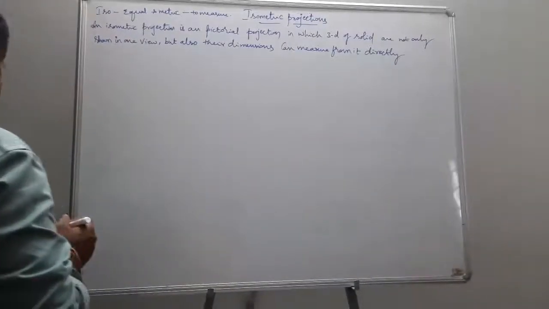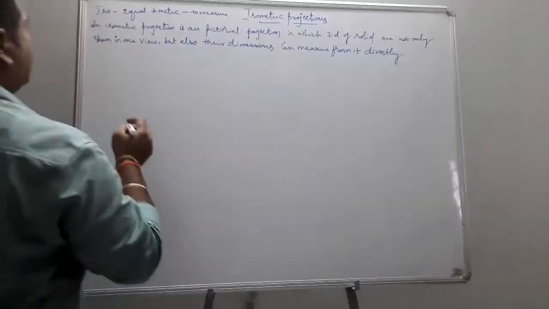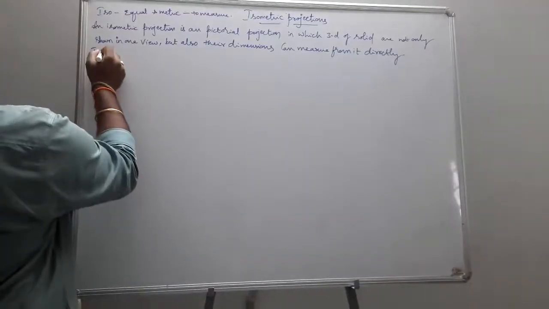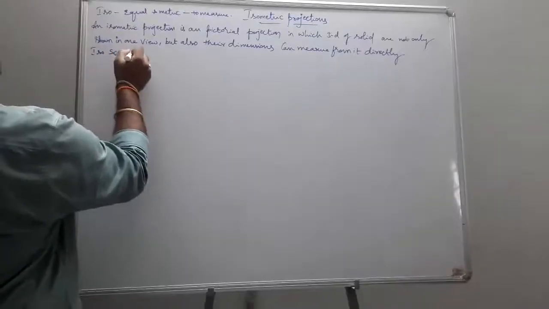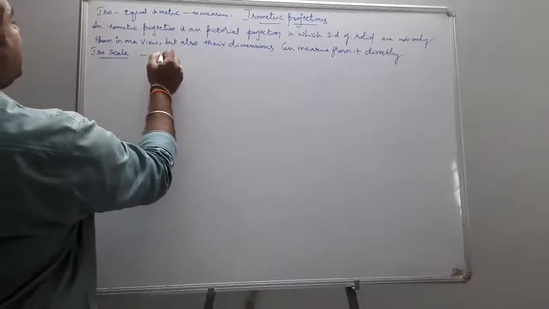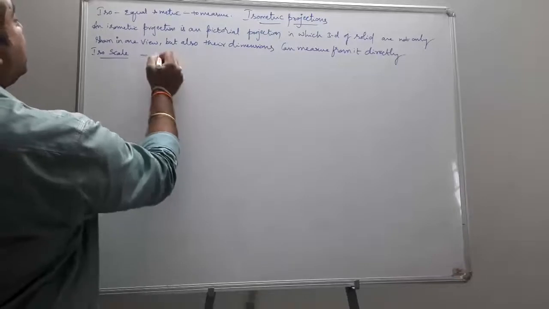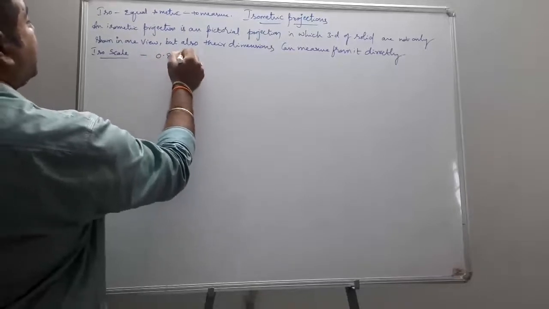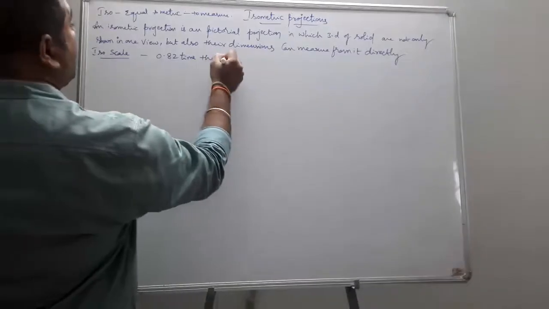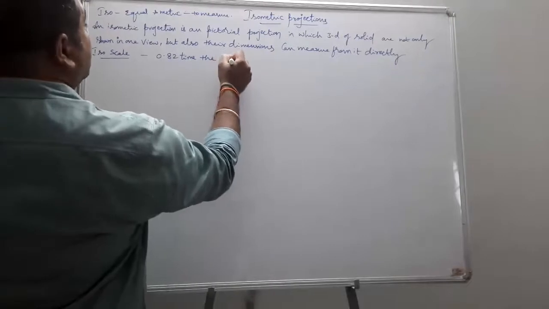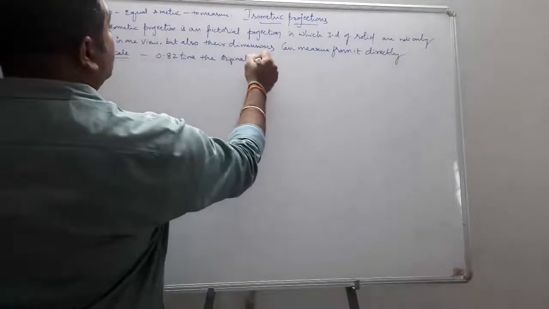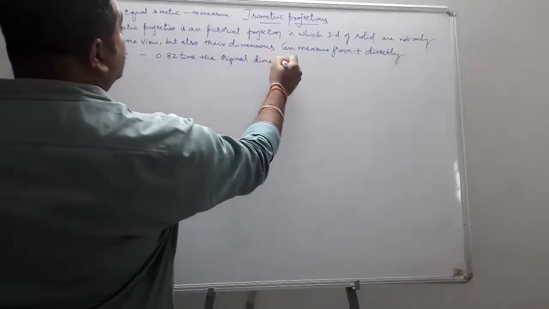In general we also see the isometric scale, the iso scale, which is nothing but 0.82 times the original dimensions.